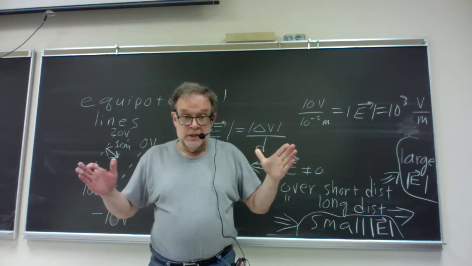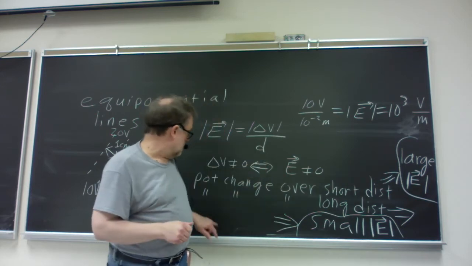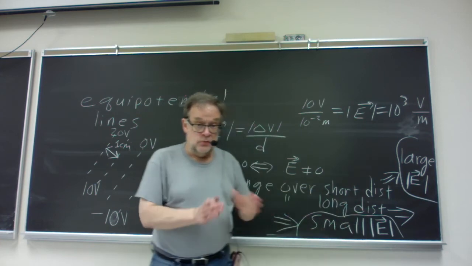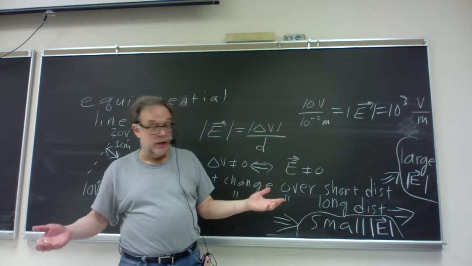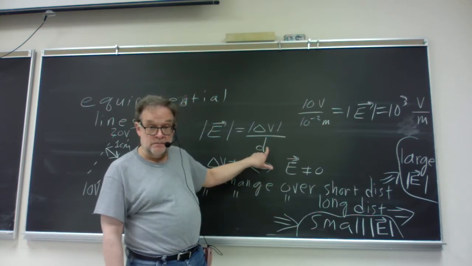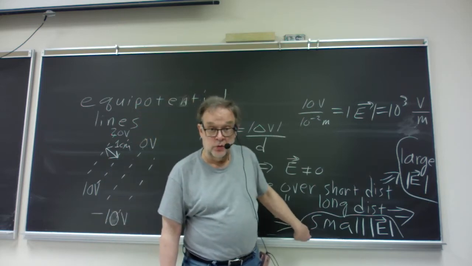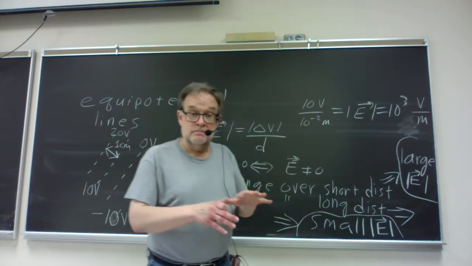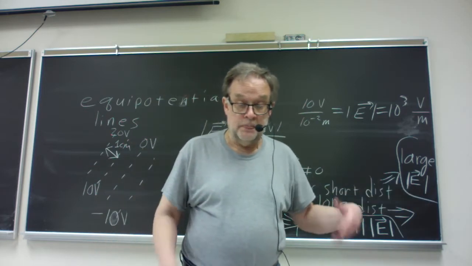Whenever potential changes rapidly or changes when you just move a very short distance, small d. Or a potential change over a long distance, on the other hand, if you have to travel a long distance d to get that same amount of potential change, then this is much bigger, field is much smaller. Small electric field, where the potential is changing much more slowly as you move from one point to another.